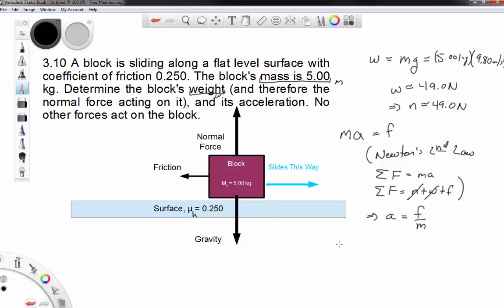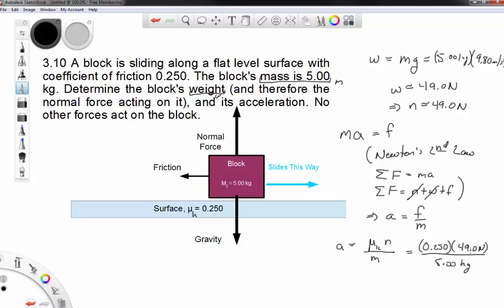So the acceleration should be given by the coefficient of kinetic friction times the normal force divided by the mass. So that is 0.250, which is a unitless quantity, times 49.0 newtons, divided by the mass, which was 5.00 kilograms.